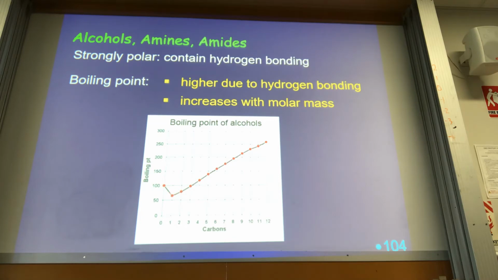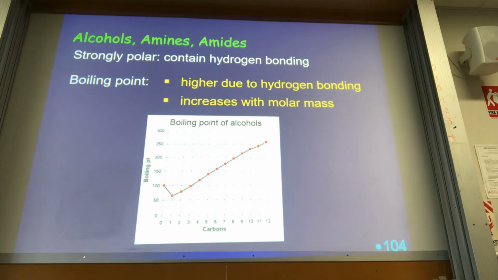We're talking about degrees Celsius there, so much higher boiling point than a hydrocarbon of a similar molar mass. Methanol is the same as ethane. Ethane boils at somewhere around minus 100, I think, whereas methanol boils at around 60. What's a zero carbon alcohol? Well, water, of course.